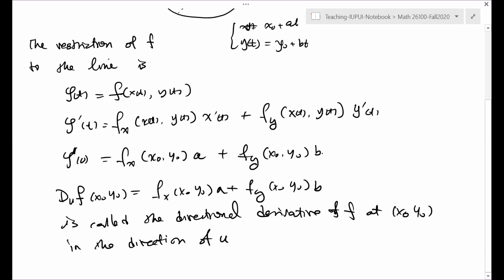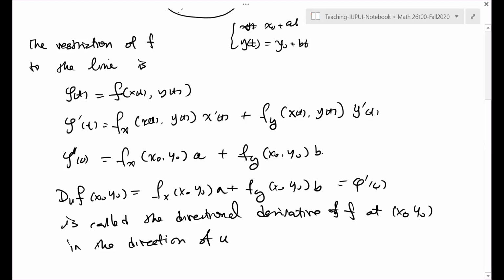We assume that the function f has partial derivatives. Otherwise, you cannot express it in that way. You just look at the derivative, okay. So phi prime of 0, this is also equal to phi prime of 0.